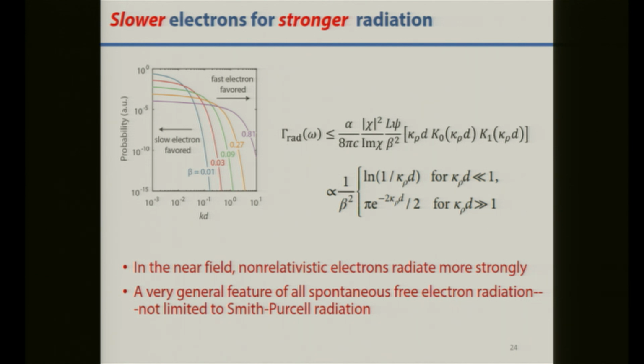And they are also multiplied by a prefactor beta squared. So depending on how fast this quadratic term grows versus the logarithmic and exponential, you find this dichotomy of the fast electron favored regime in the far field and the slow electron favored regime in the near field. So that's a very universal behavior of the spontaneous emission of free electrons.